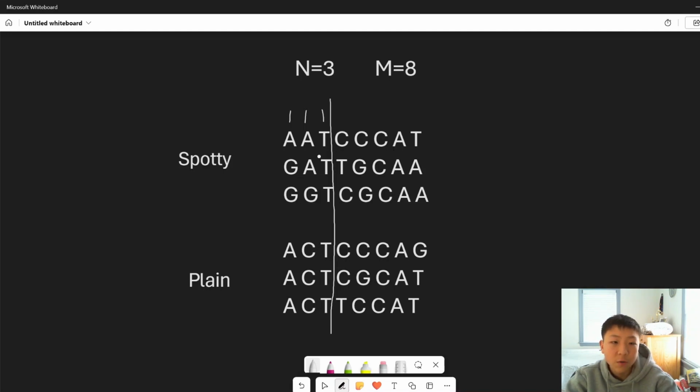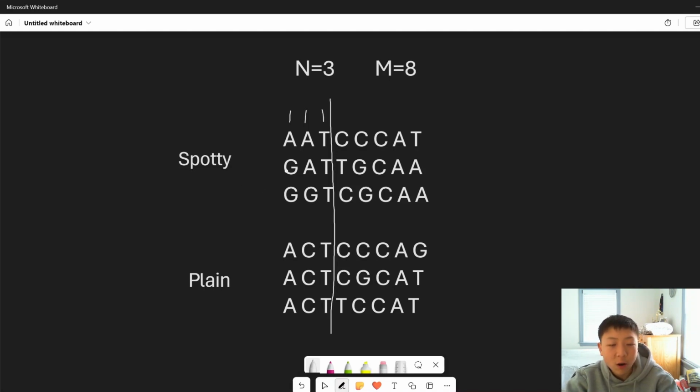Okay, so for these 3 indexes, we can see that AAT is a spotty cow, GAT is a spotty cow, GGT is a spotty cow. Okay, and for the plain cows, all of them are ACTs. Well, if Farmer John were to just look at these 3 indexes, he would be able to separate the plain from the spotty, because he would just know that every time he saw an ACT cow, it would always be a plain cow, and every time he sees AAT or GAT or GGT, it's always going to be spotty.